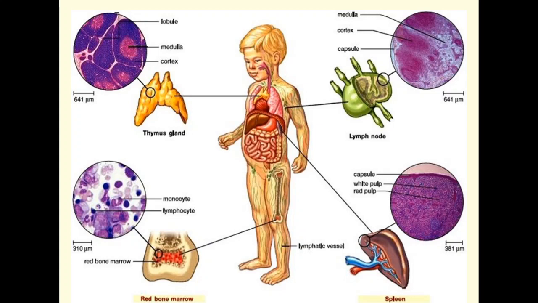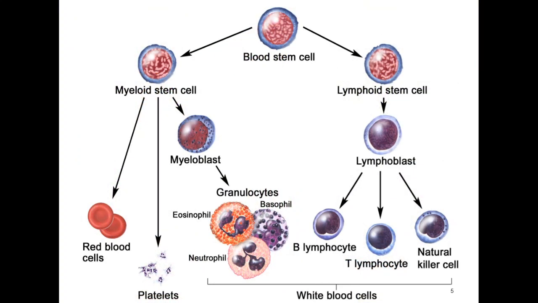Because each zone, cortex and medulla, has an exactly different meaning because it fulfills a different function. So, about the blood cells, what do we have here?